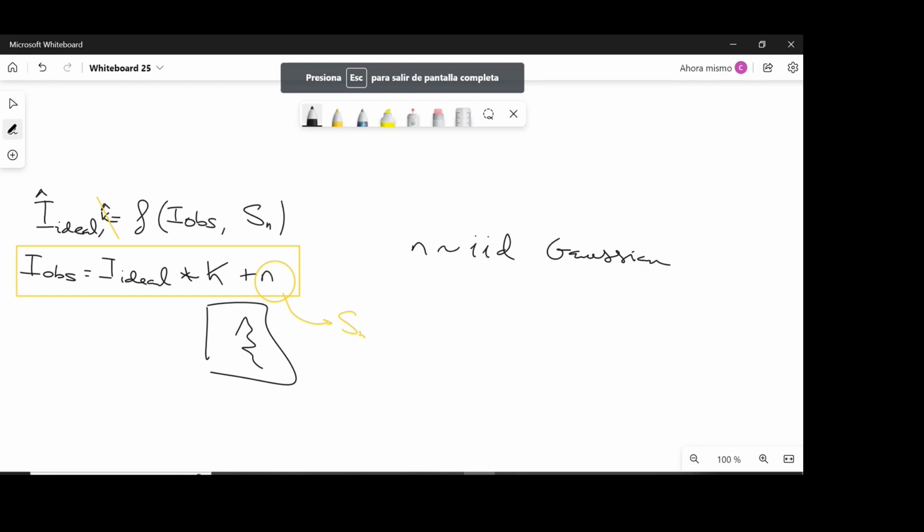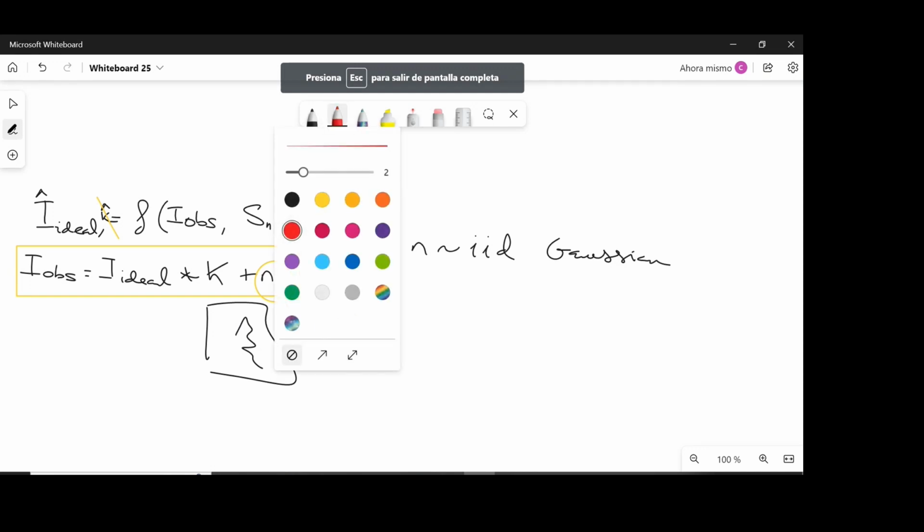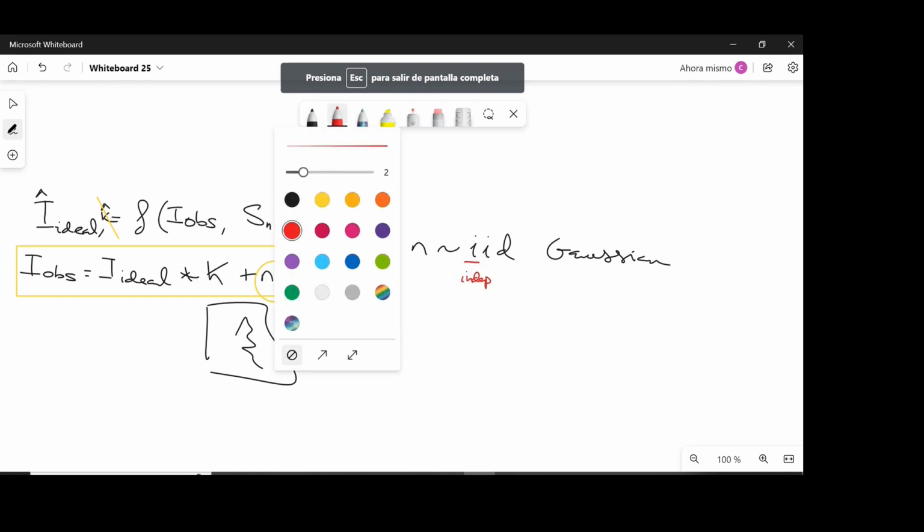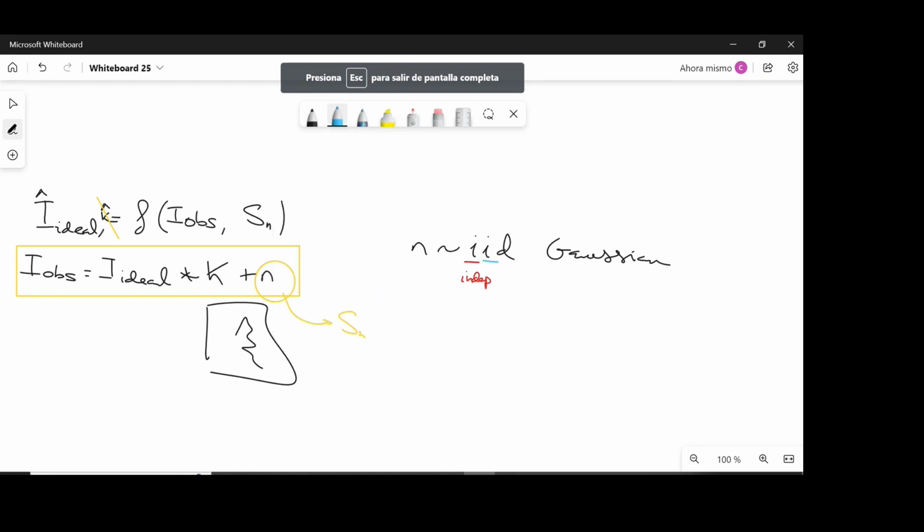What is it? Independent and identically distributed. Okay, so there are a couple of letters there. There is independent, and the other one is identical. So what does it mean?